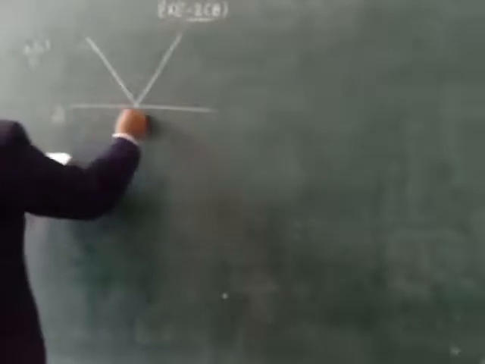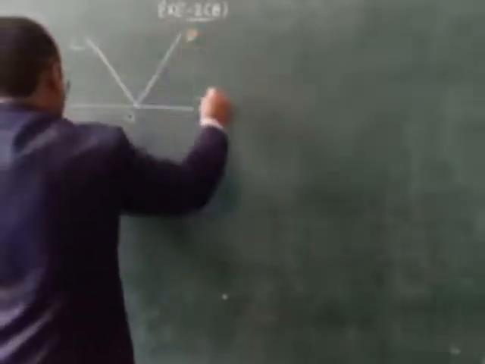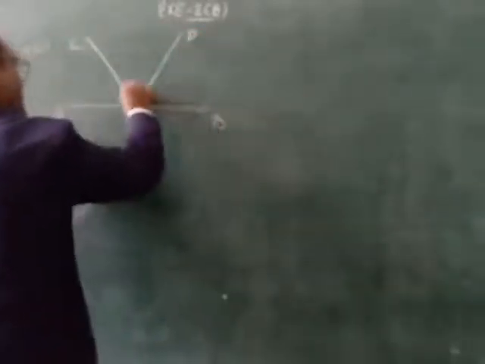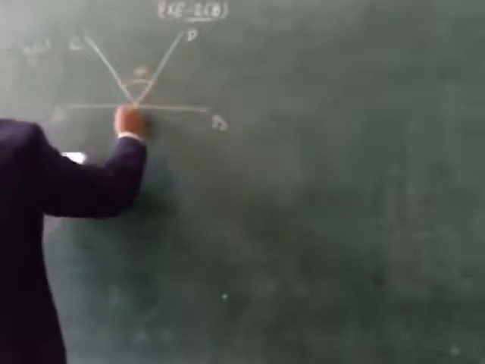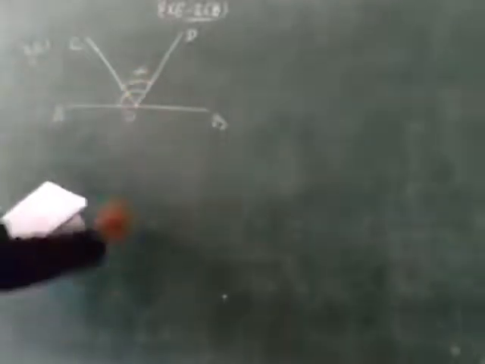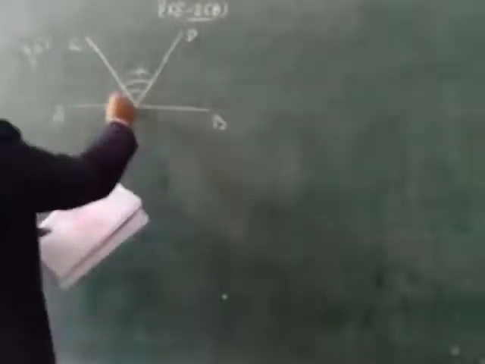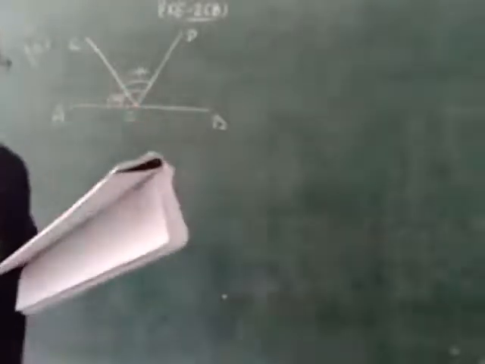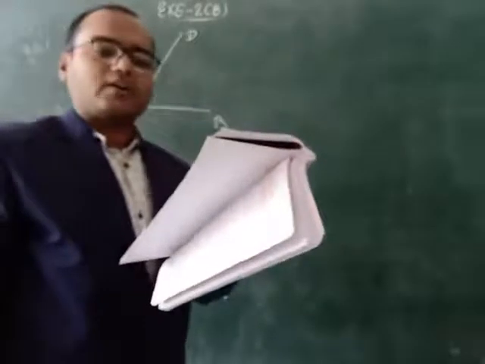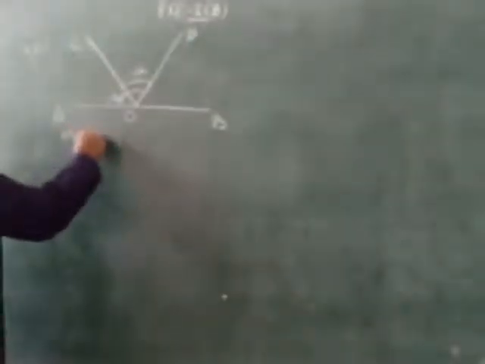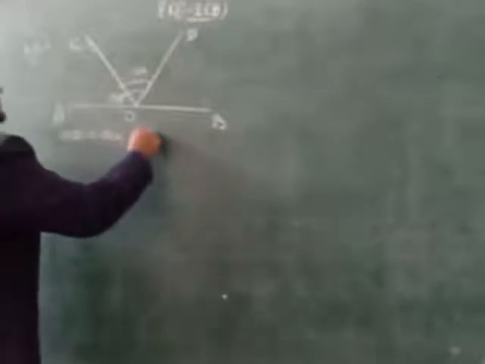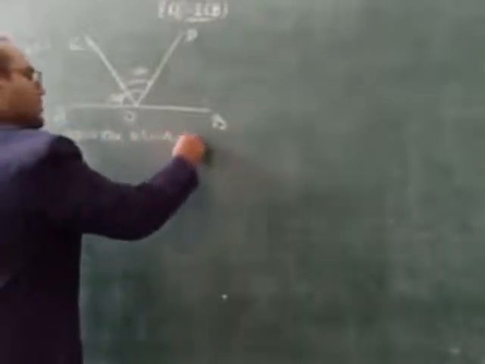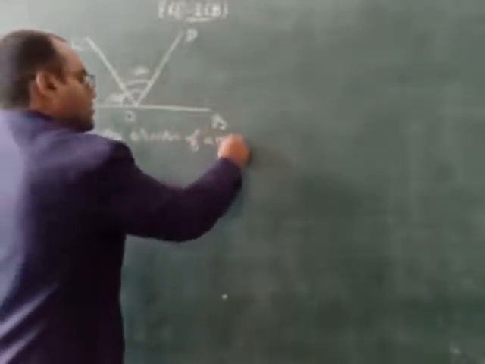A, O, C, D, B, X, and this full angle is 120. And in the heading it is given OD is the bisector of angle BOC. In the question it is given OD is the bisector of angle BOC.